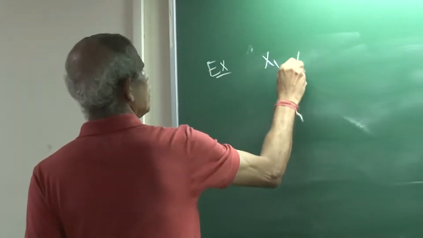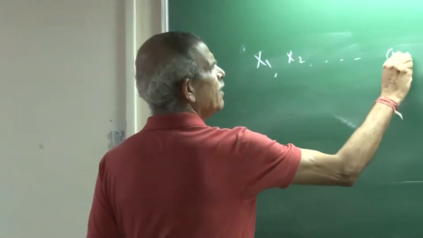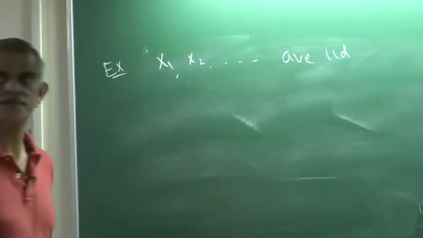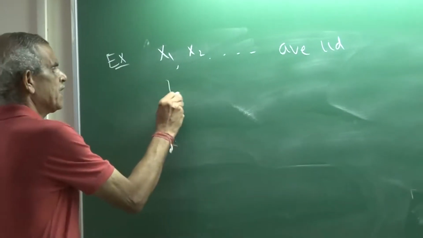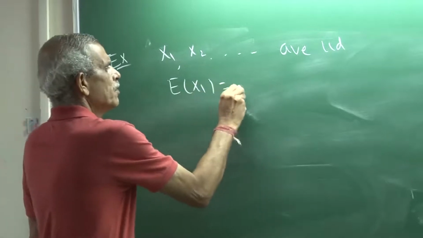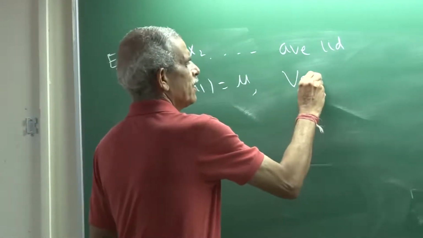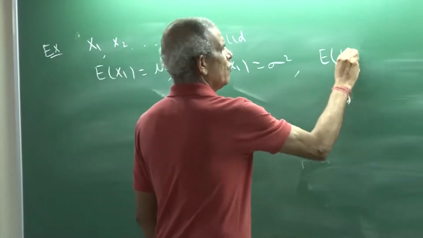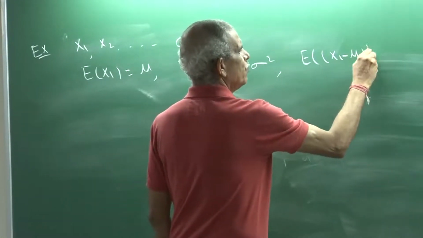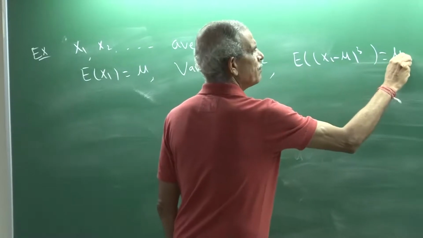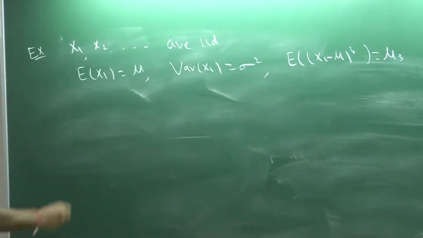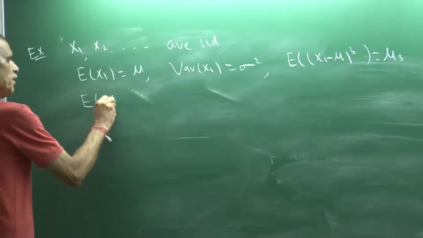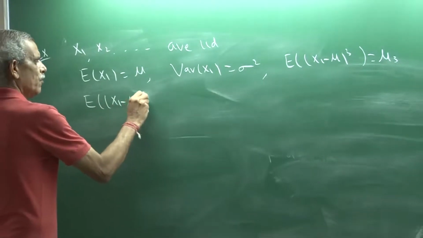So x1, x2 are IID. Expected value of x1 is mu. Variance of x1 is sigma square. Expected value of (x1 minus mu) whole cube is mu3. Expected value of (x1 minus mu) whole 4 is mu4.